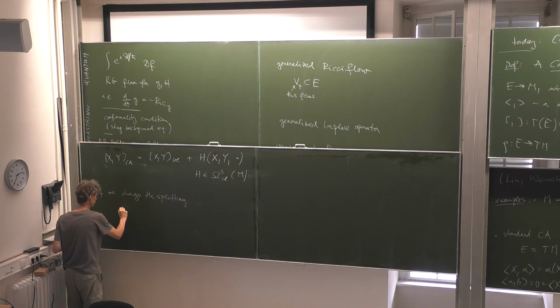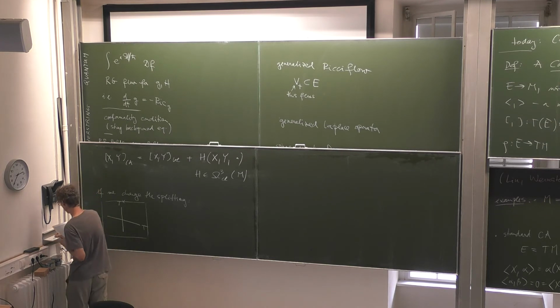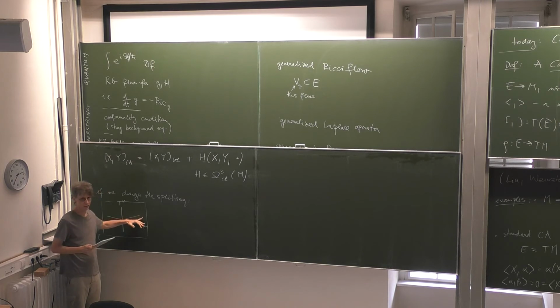So what happens if you change the splitting? You have T star, then we will have T, so this is our E. And if you take a new one, it still needs to be isotropic.